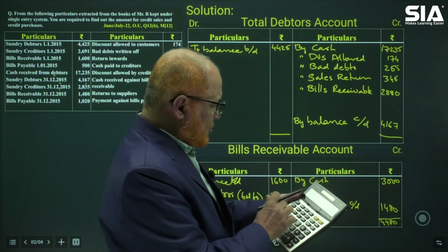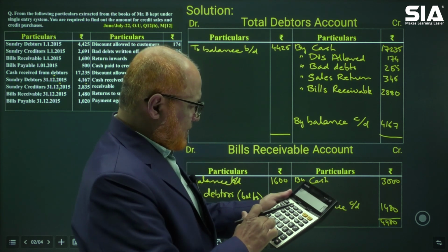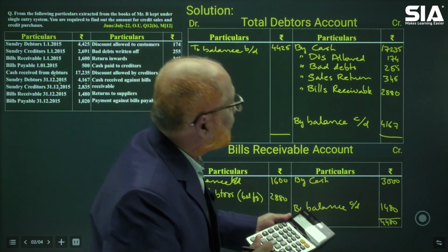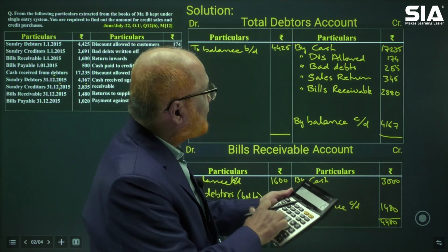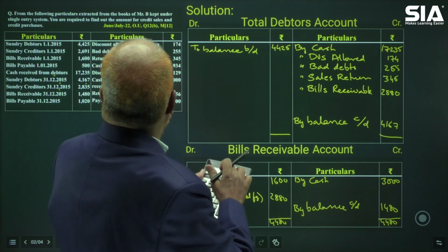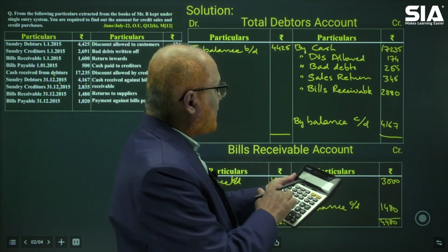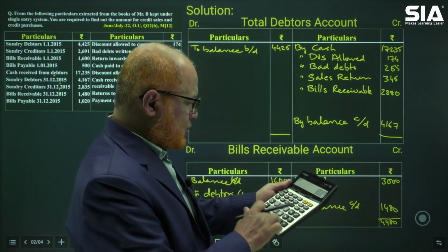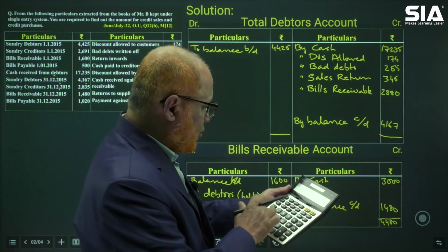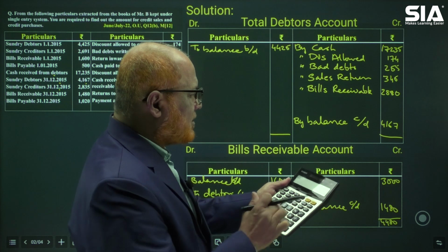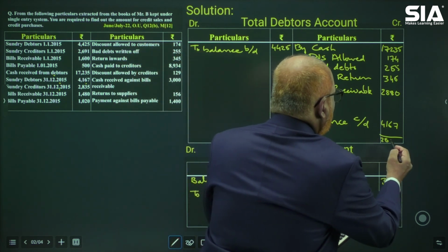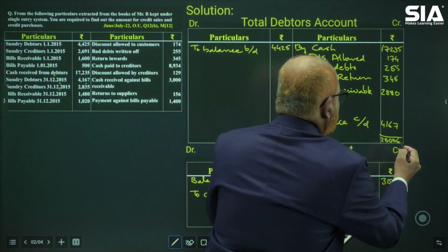That is 17,235 plus 174 plus 255 plus 345 plus 2880 plus 4167. It comes to 25,056.